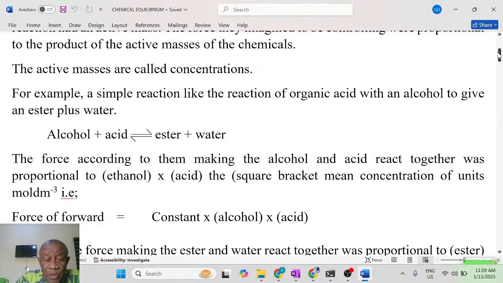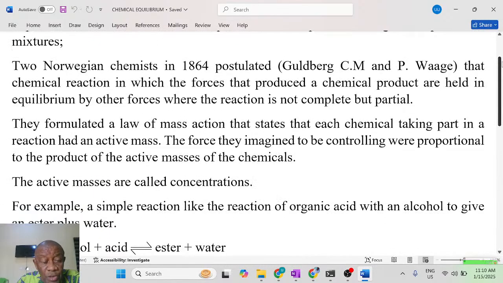That is to say that the force of the reaction will be equal to a constant times alcohol times acid. The thing in brackets is what we call concentration.